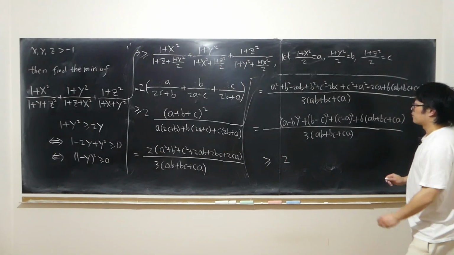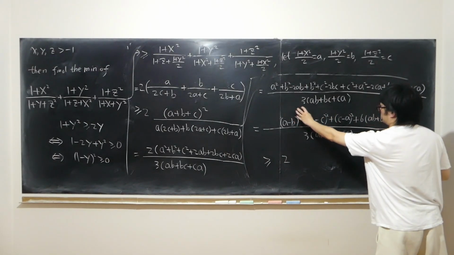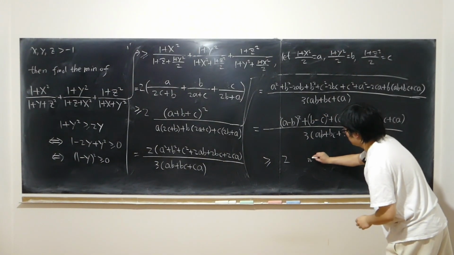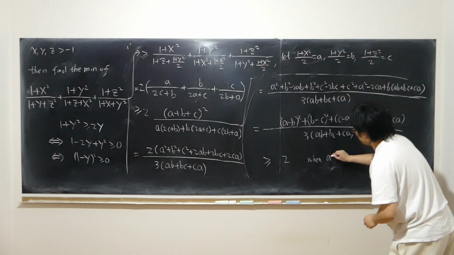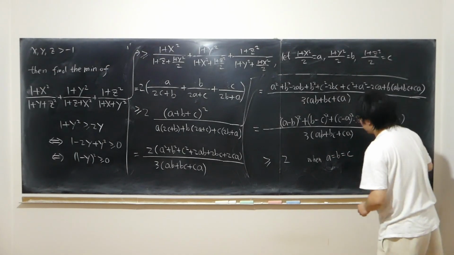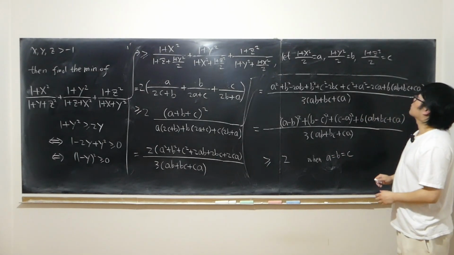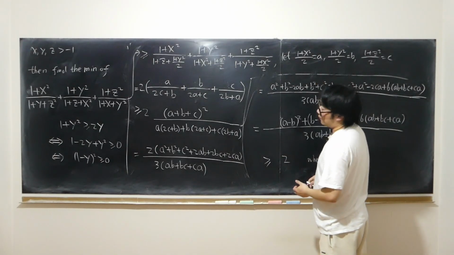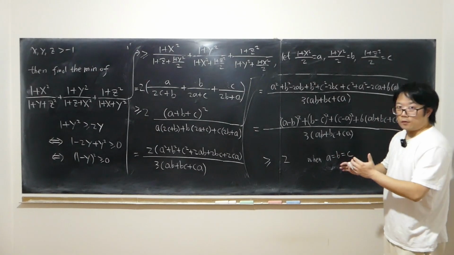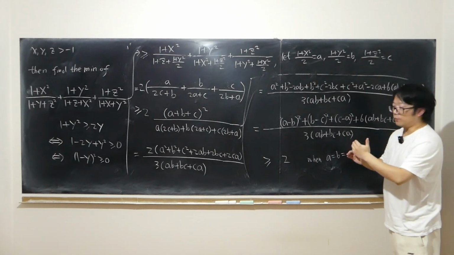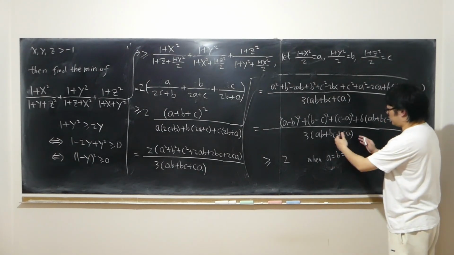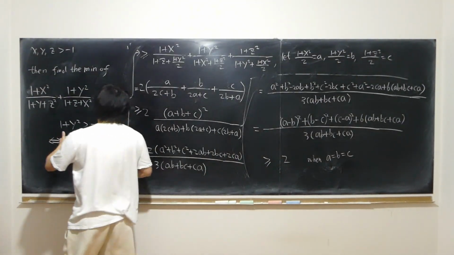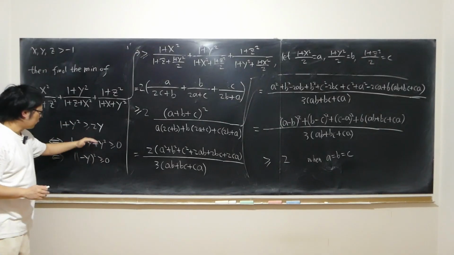It's when this term equals 0, this term equals 0, this term equals 0. So it's when a equals b, b equals c. Given that a equals half of 1 plus x squared, and for our equality to hold, not only do we need a equals b equals c, we also need, remember, initially I used this inequality.